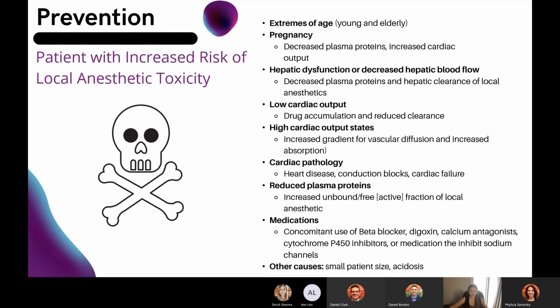High cardiac output, on the other hand, can cause an increased gradient for vascular diffusion and absorption. A reduction in plasma proteins or a decrease in protein status can also cause an increase in the free or active fraction of local anesthetics. Beta blockers, digoxin, calcium antagonists, cytochrome P450 inhibitors, or medications that inhibit sodium channels should also be avoided. Other risk factors include small patient size and acidosis.